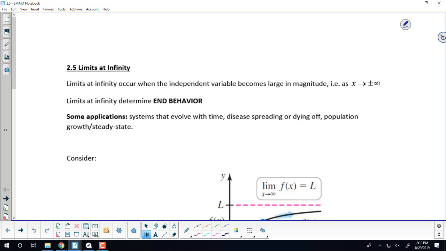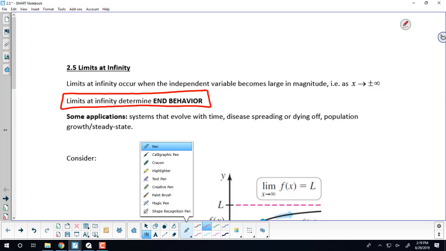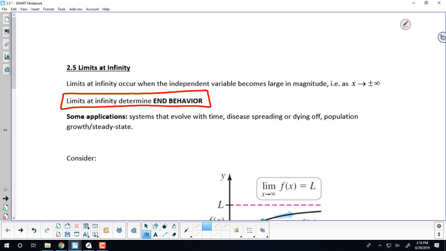So you need to remember this. Whereas limits at infinity determine end behavior, infinite limits determine vertical asymptotes. And end behavior sometimes are horizontal asymptotes.